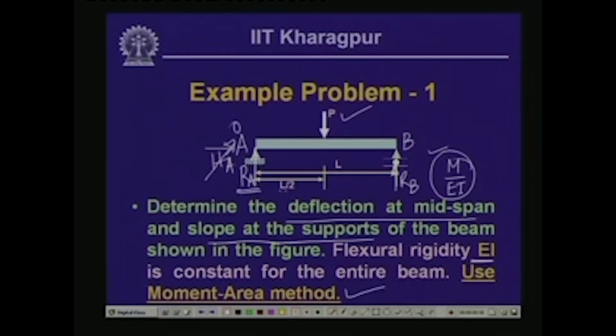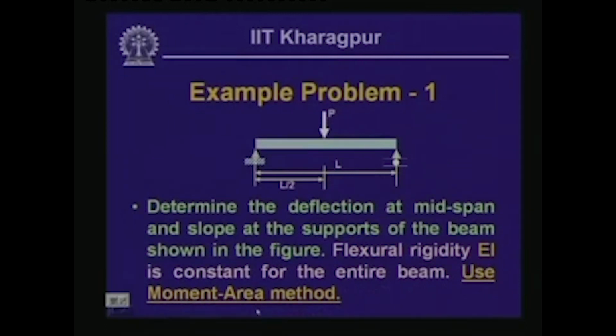So, we are left with only RA and RB, and their values will each be equal to half the concentrated load, which is P by 2, and thereby if we take any section over here, then the moment will be equal to RA times x, and at L by 2 it will be PL by 4, and at these two support points it will be 0.